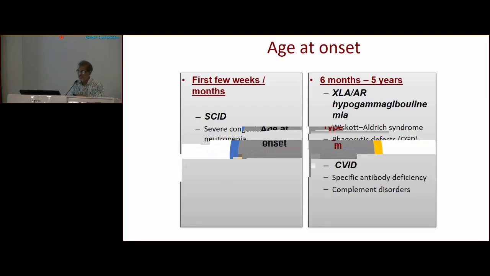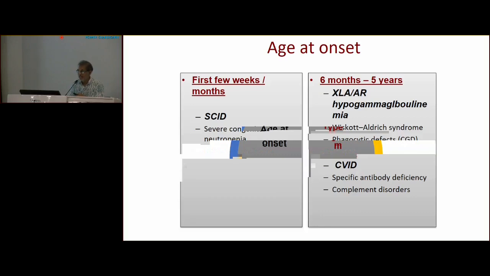They will present in infancy, or even in the first or second months of life, because there is a severe defect in T cells and also B cells, because B cells require T cell help for their whole function. You could have DiGeorge syndrome, which presents very early. You could have other disorders of thymic defects which can present here.